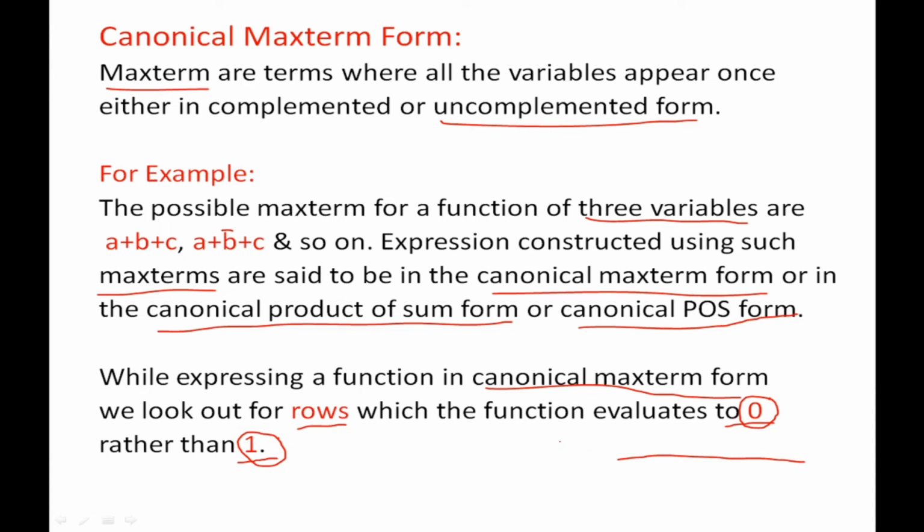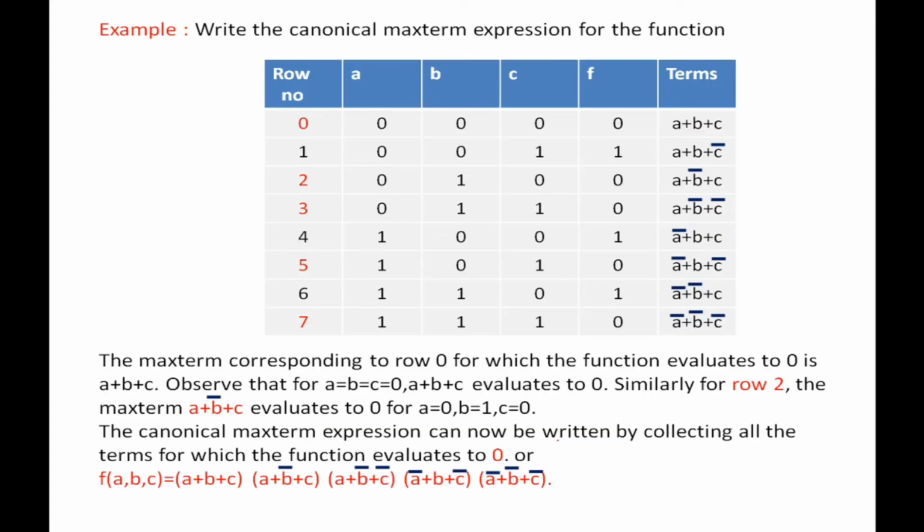Okay, let us take an example and understand how we represent the max term from the truth table. So, writing the canonical max term expression from the given function. Let us have this truth table. You can see we have three variables a, b and c, and there is a function which is evaluating to either 0 or 1.